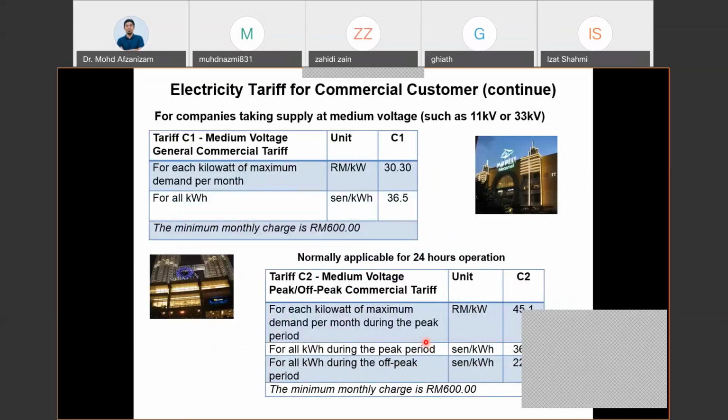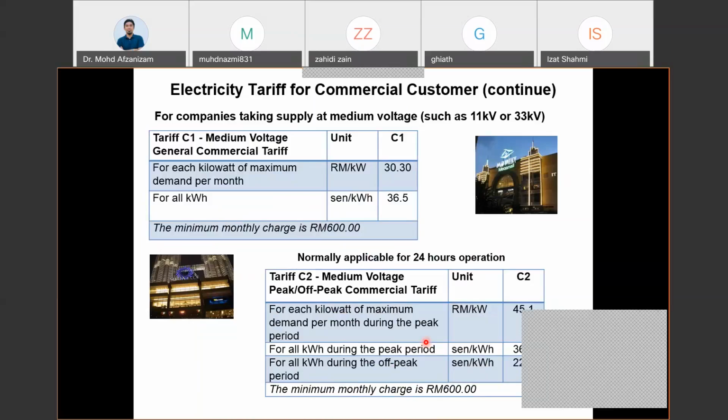Okay. Next, the same goes for another tariff, which is C1 and C2. So A is the tariff for domestic, B for the low voltage commercial, and now it's C1, the medium voltage general commercial tariff. If you can see the rate, it still gives quite a high value.